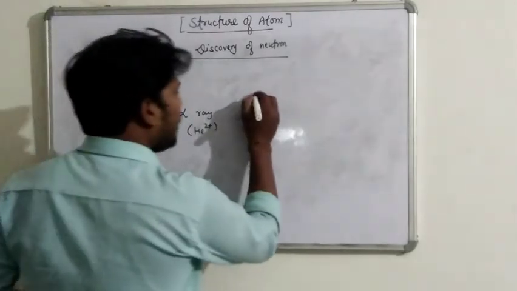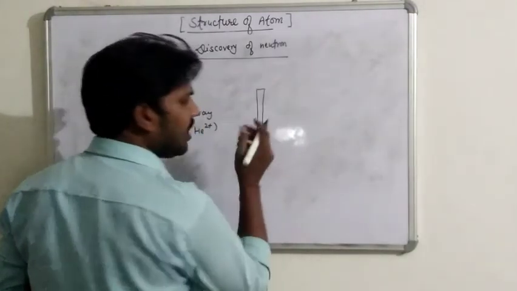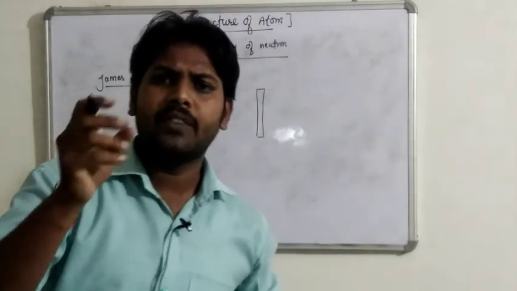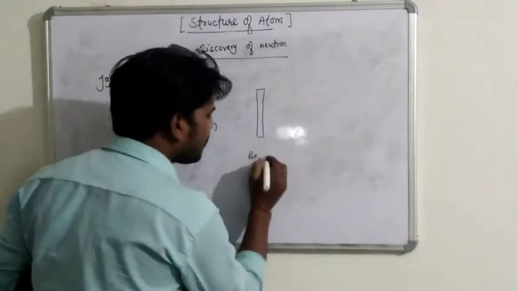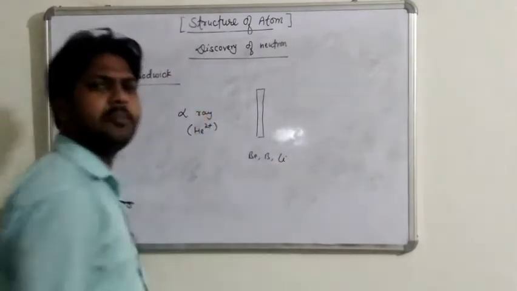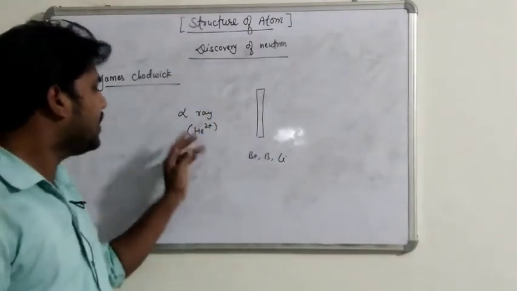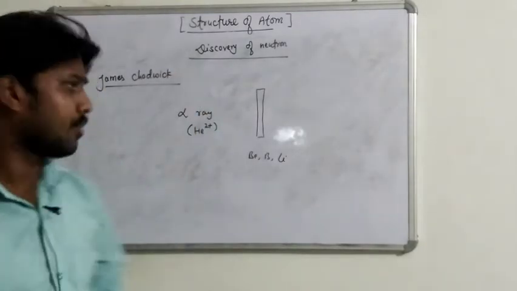He took a metallic foil, you can say metallic plate, meaning a metal that is very light, like beryllium, boron, or lithium. These are very light metals. Now, he bombarded these alpha rays onto this metallic foil.